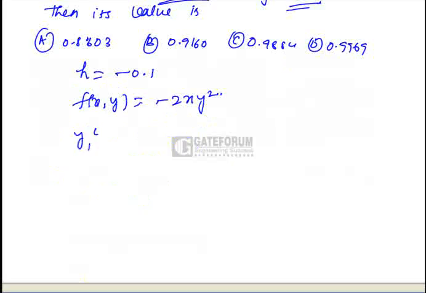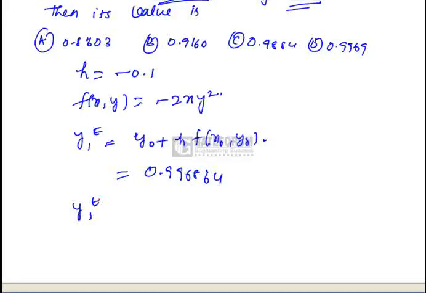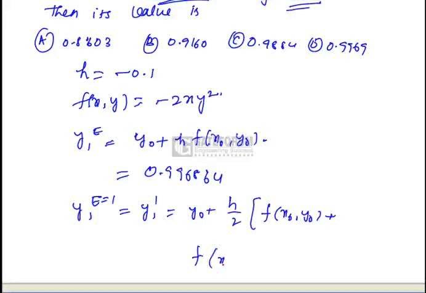Now we know the formula: y1 of e is y0 plus h into the given function at x0, y0. Substituting the values, it will be 0.996864. Then y1 of 1 will be y0 plus h by 2 into f of x0, y0 plus f of x1, y1 of e. If we substitute the values and simplify, the answer will be 0.9884, which is option C.